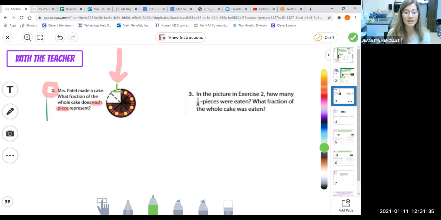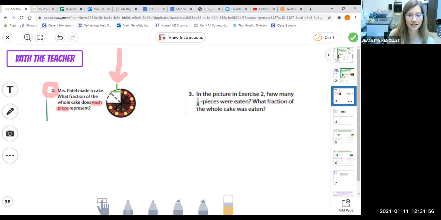So let me count to see how many parts would be in the whole. 1, 2, 3, 4, 5, 6, 7, 8. There are 8 parts that make up the whole. That tells me my denominator is 8. So each piece is 1/8.